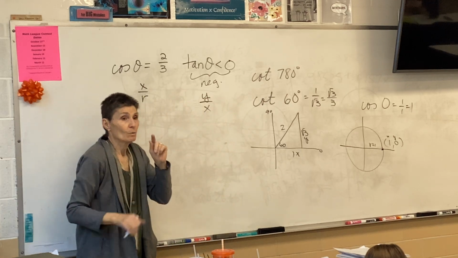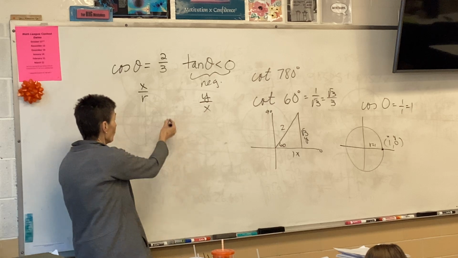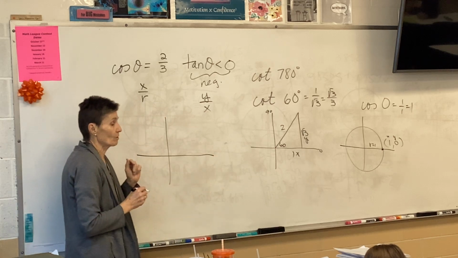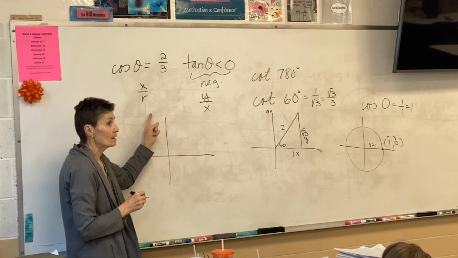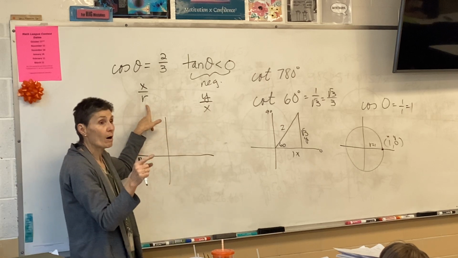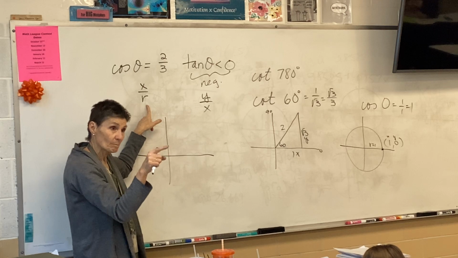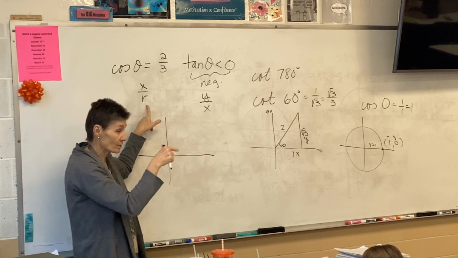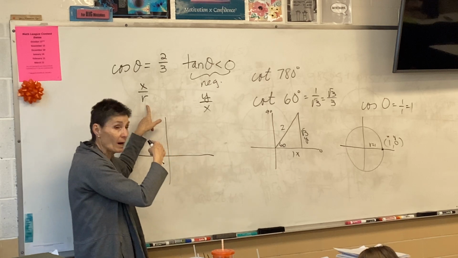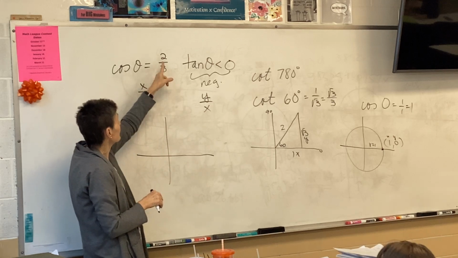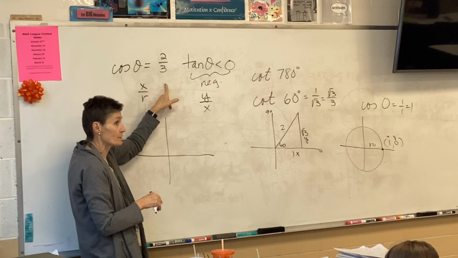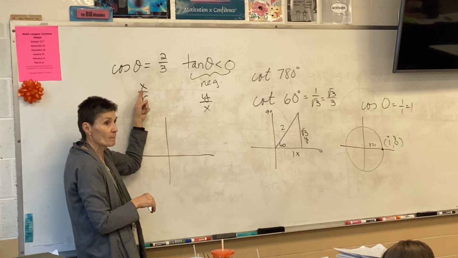All right, we gotta figure out where we're gonna draw this picture. These two things tell me, remember, R is always positive. R is the hypotenuse, and the hypotenuse is always positive. So if the cosine is 2/3, doesn't X also have to be positive?